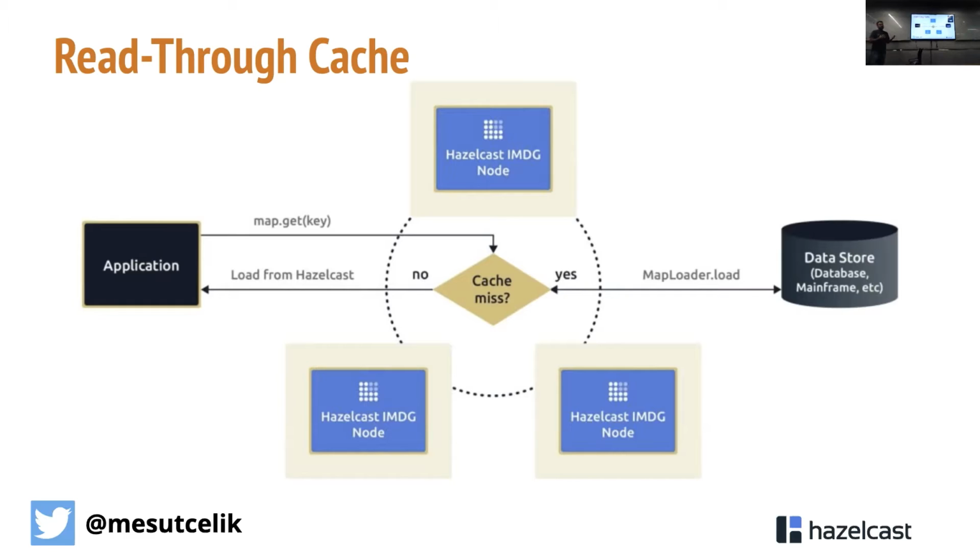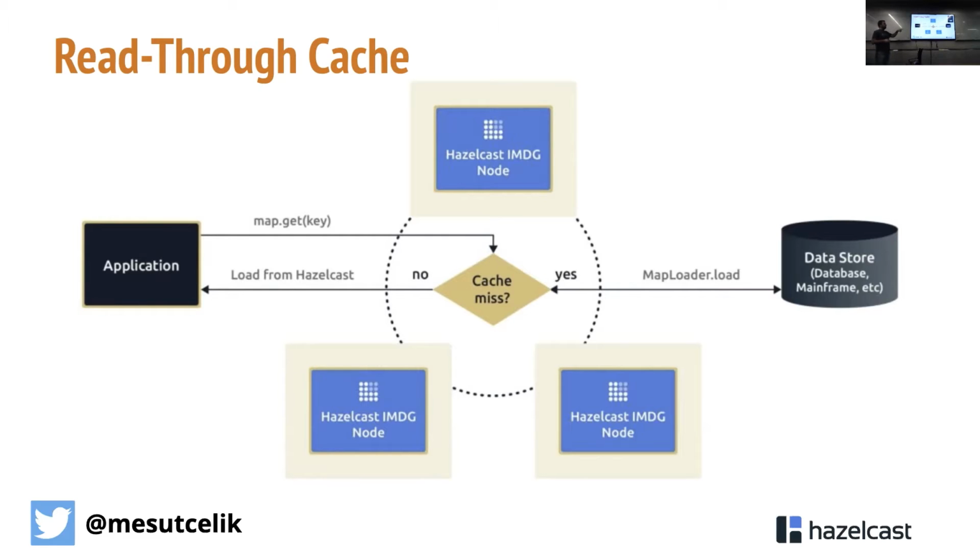There is another one, which is cache-aside, where you are normally responsible to check the cache and see if the data is there. If it's a cache miss, you directly go to your data store, fetch the data and put it in the cache. So this is the cache-aside use case.